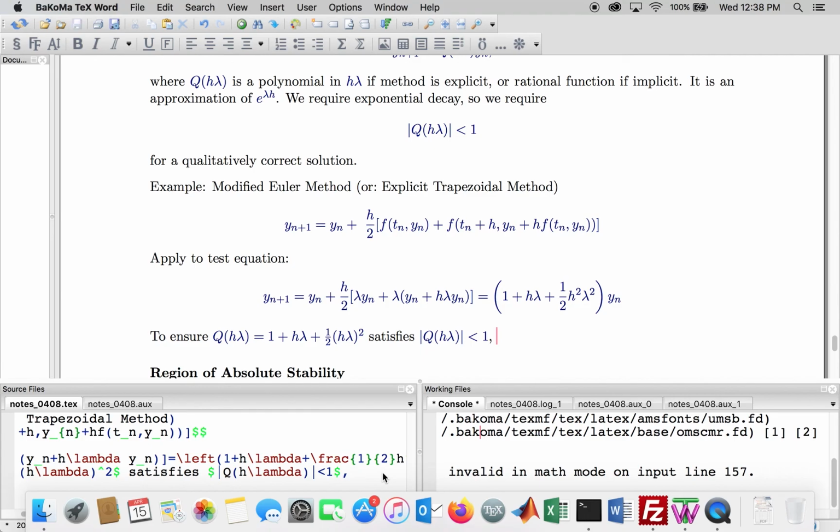So how can we go ahead and do that? So this has to be between -1 and 1.